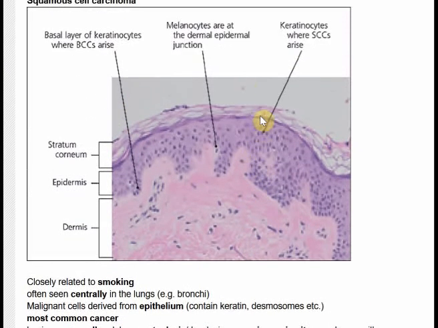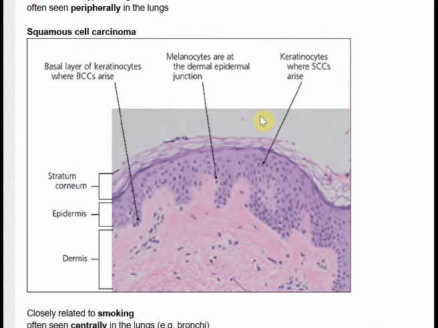Now, squamous lung cancer is associated with a paraneoplastic phenomenon where it secretes parathyroid hormone related peptide.